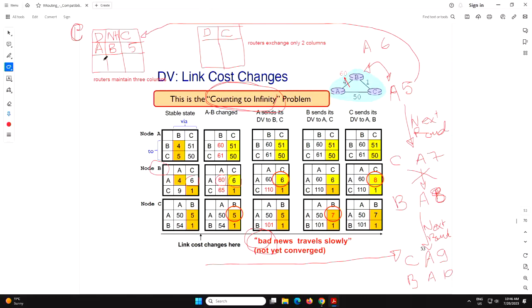Okay, is that clear? And it says that I can go to B, my next hop is B, and the cost is 1. Okay, that's fine, right? Now, C wants to advertise, right? So you want to advertise.